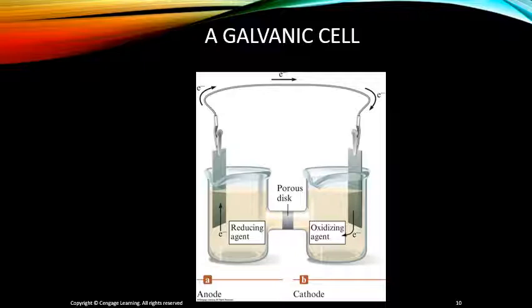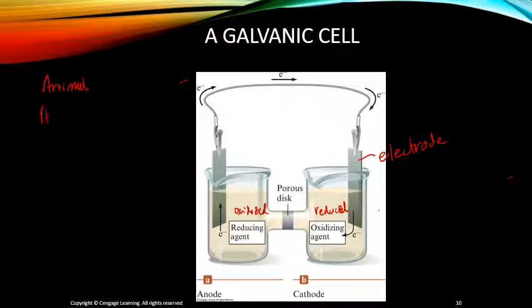So you can see with this, we have a set of alligator clamps that are hooked up, and to each of the different pieces of metal, we call those electrodes. And we have the reducing agent, again, the substance being oxidized. And we have the oxidizing agent, which would be the substance that is being reduced. And just a way that you can kind of remember what the different compartments are, just think about a couple of different animals.